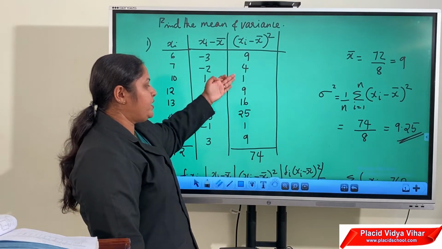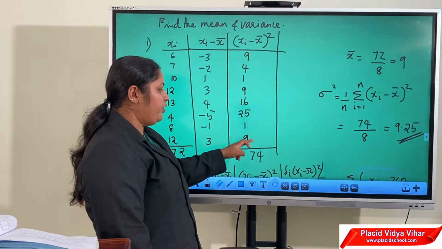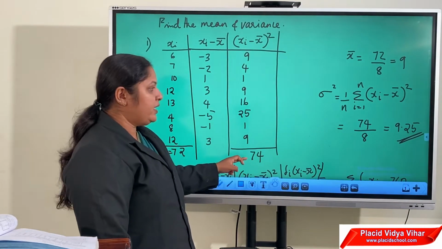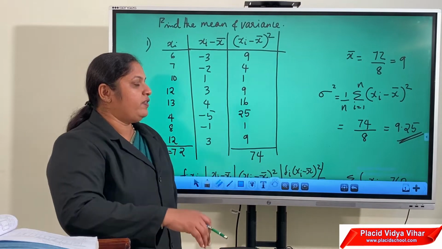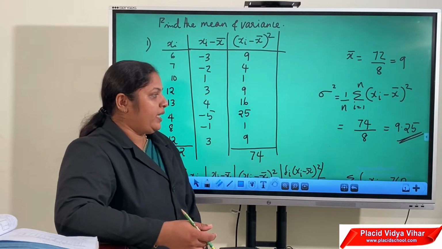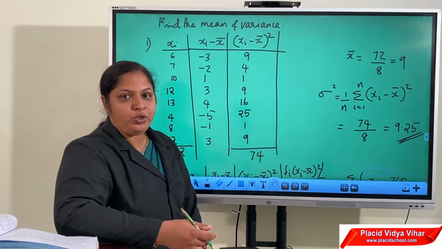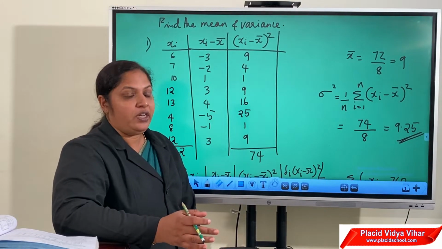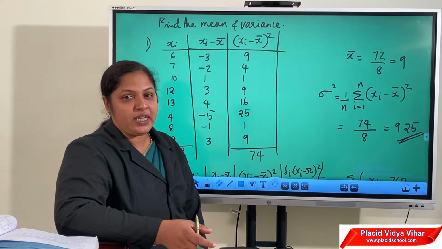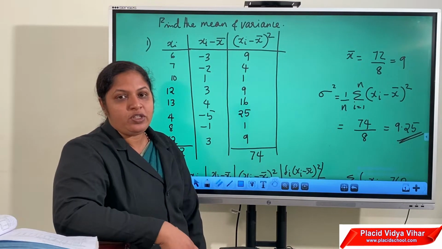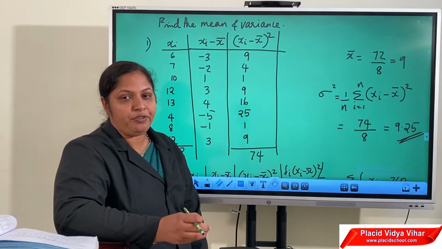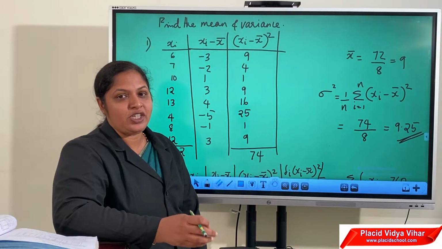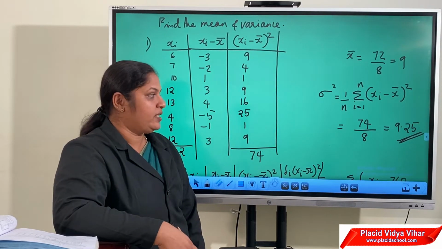The sum we have obtained from the table, that is 74. So the variance is given as 74 by 8, which is 9.25. As I mentioned in the earlier videos, when we find out the values of these measures of dispersion, we have to give the final answer in decimal form corrected to 2 decimal places.